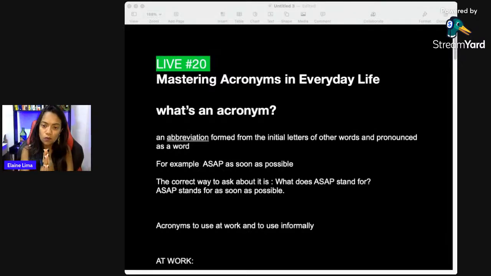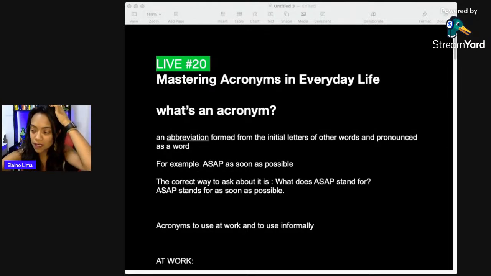An abbreviation is a short form of a word. An acronym is when you get the first letter of two or more words and create a word. You even pronounce it as a word. I don't remember if we have acronyms in Portuguese, but in English they are very common. We use them all the time.